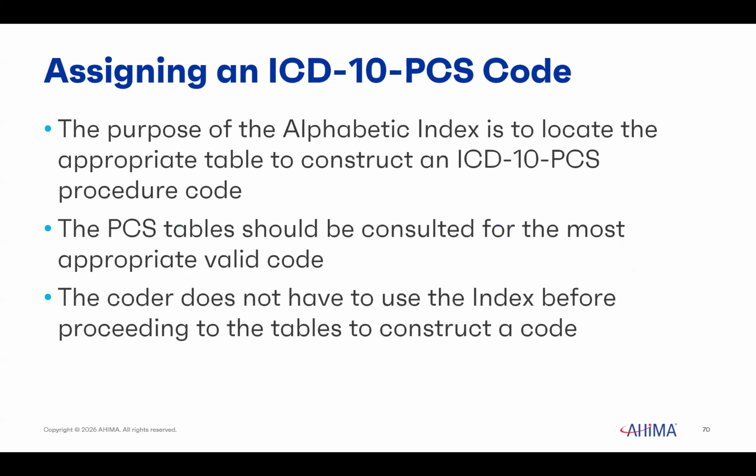The purpose of the alphabetic index is to locate the appropriate tables so we can finish off the rest of the code. The PCS tables are always consulted for the most appropriate valid code. Something that's different about ICD-10 PCS as opposed to ICD-10-CM is you don't necessarily have to use the index before proceeding to the tables to construct the codes.